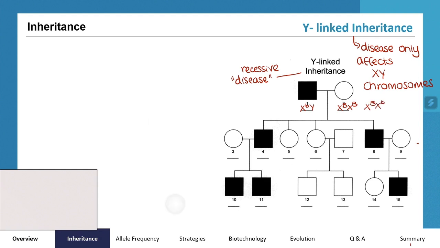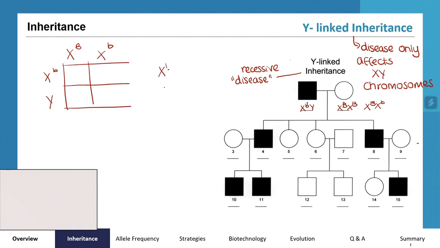So here I have all of the males that are born. So X big B, Y, X big B. I'll start with the heterozygous phenotype first. Every single one of the males that are born has the disease gene, and the other combination of the mother's capital B's.